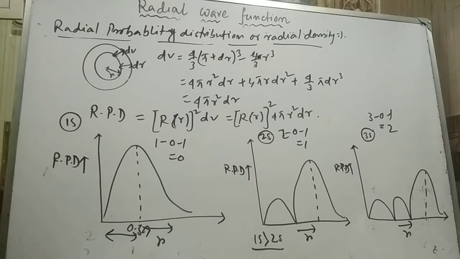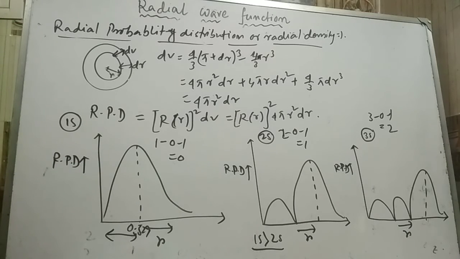What are the important points responsible for drawing the radial probability distribution? Firstly, the curve should start from the origin in any orbital, whether 1s, 2s, p, or d.